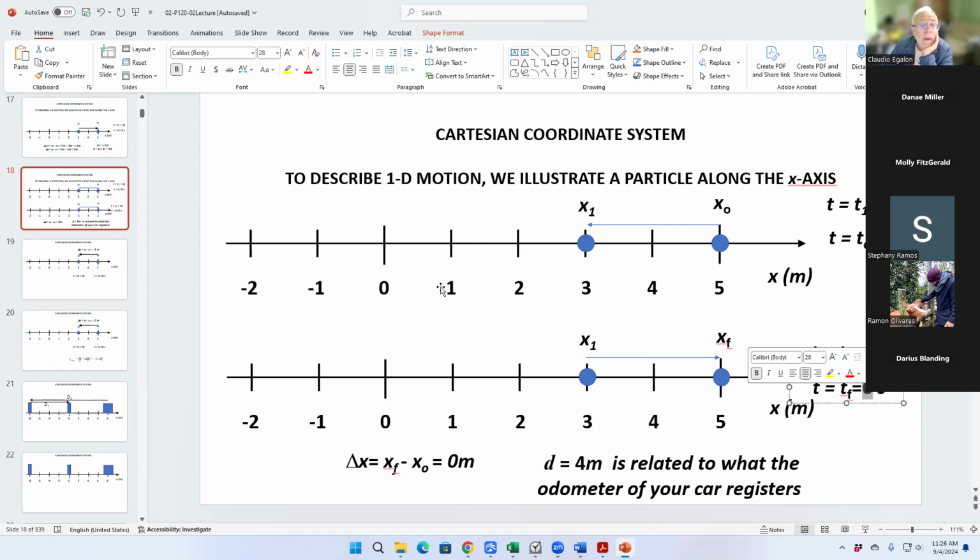Why is that? Because the particle now is free to move all over the place in a two-dimensional space. The particle can go this way, and so on. And then you have to sum all those little, short lengths to get the distance. So I'm going to write that down here in the notes.